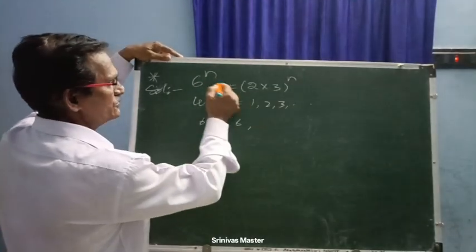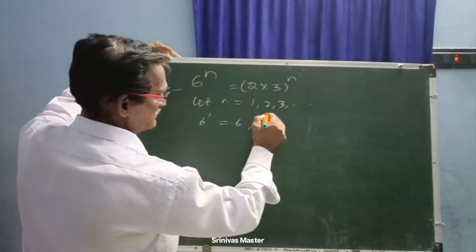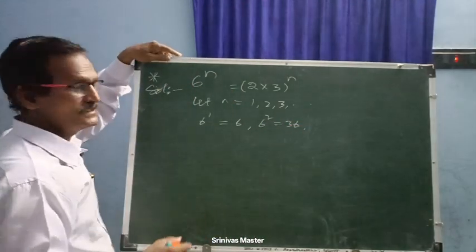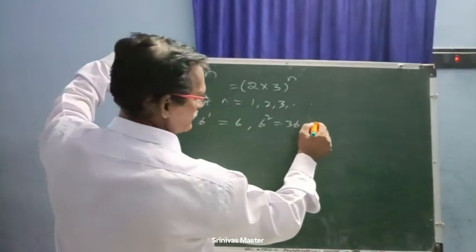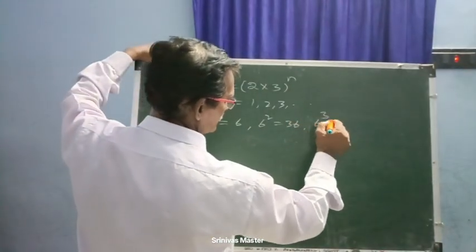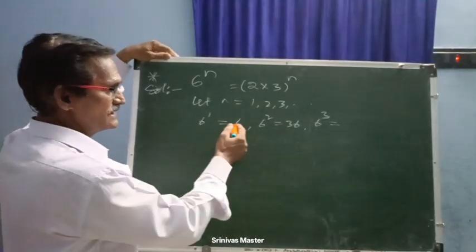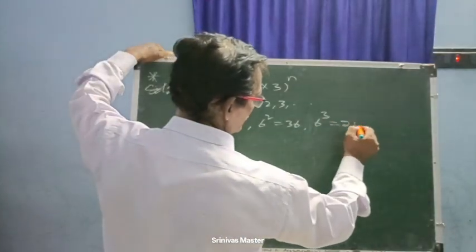If we take n equal to 2, that means 6 square, which is 36. Again, if you take n equal to 3, that means 6 cube, which is 6 into 6 into 6. 6 sixes are 36, 36 sixes are 216.